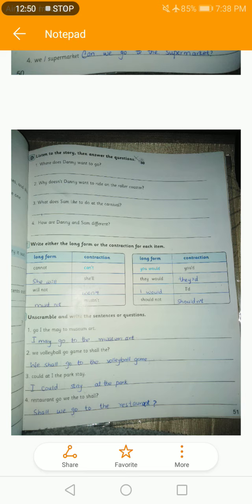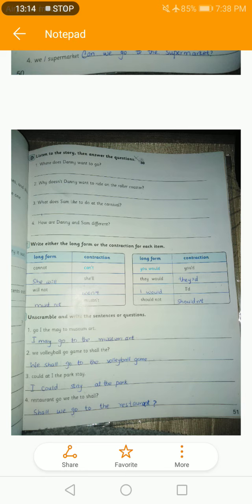Cannot, long form, the contraction form is can't. Then we have the contraction form she'll, the long form is she will. Then long form will not, the contraction form is won't. Then the contraction form mustn't, the long form is must not.